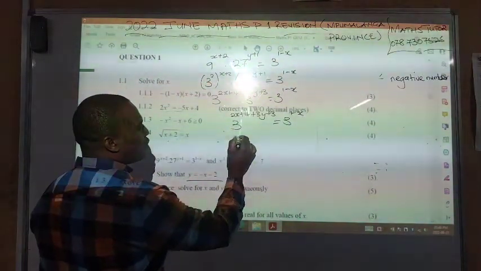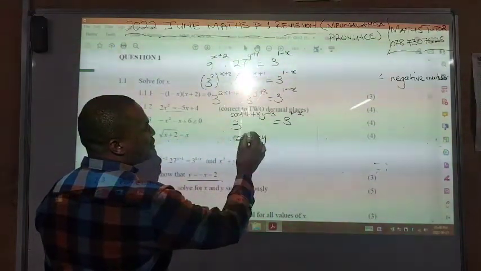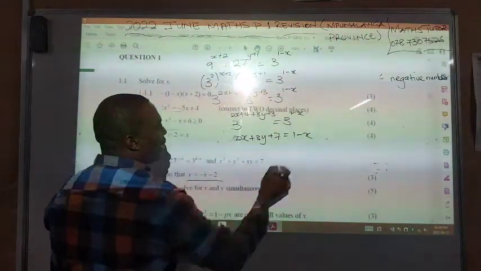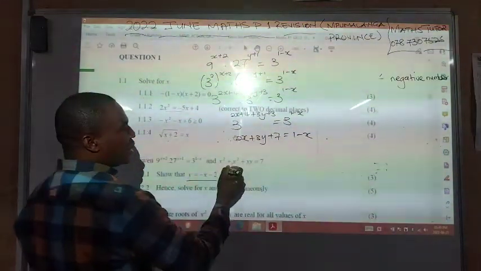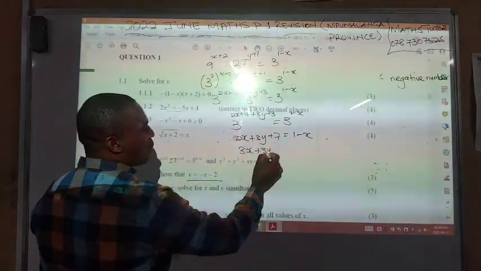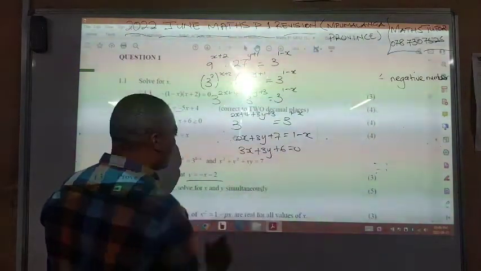So we are saying therefore 2x plus 3y plus 7 is equal to 1 minus x. Then let's take the x to this side, it becomes plus, that will be 3x plus 3y. The 1 will be a negative 1 plus 6 is equal to 0.